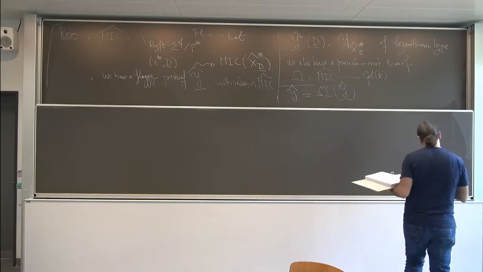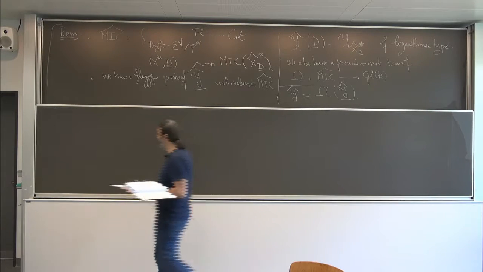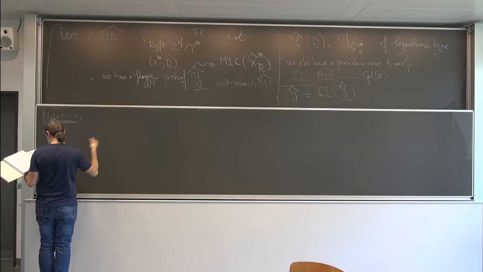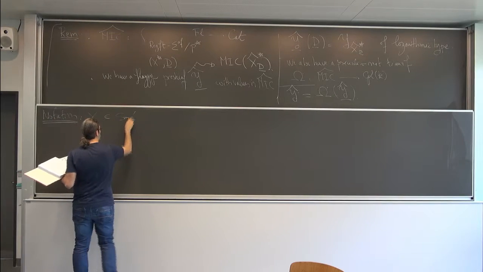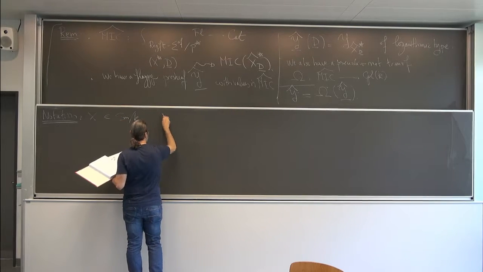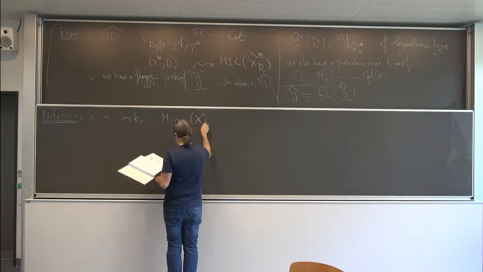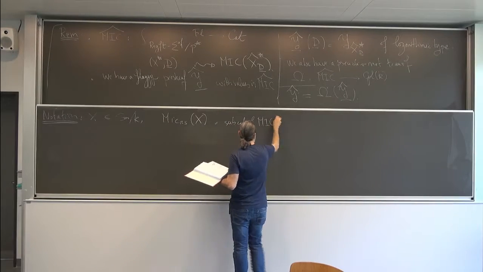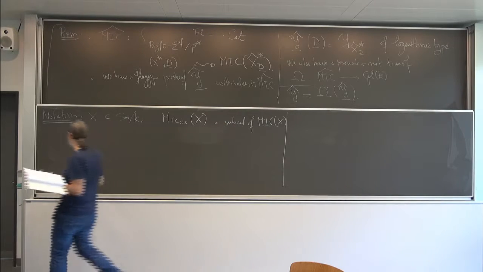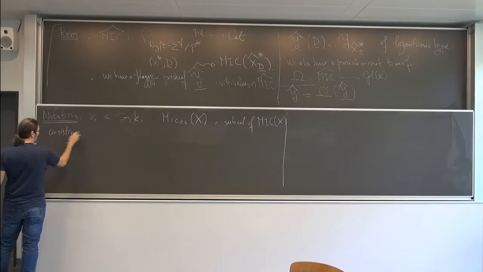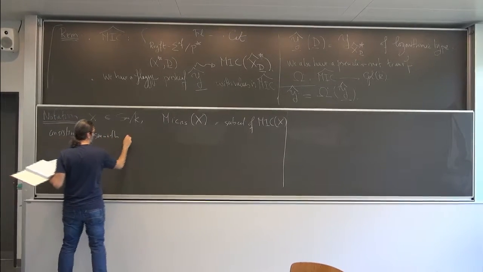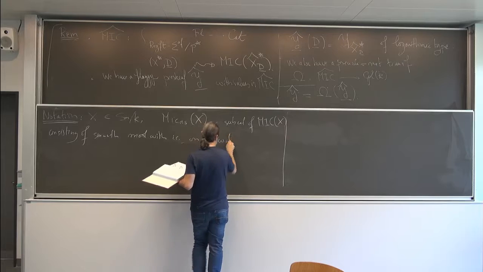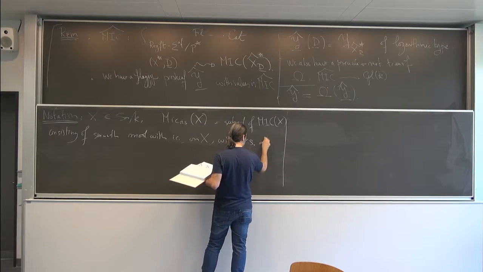Okay, so let me introduce some more notations. If X is a smooth finite type scheme, denote by M regular singular X the subcategory of M consisting of smooth modules with integrable connection on X with regular singularities at infinity.